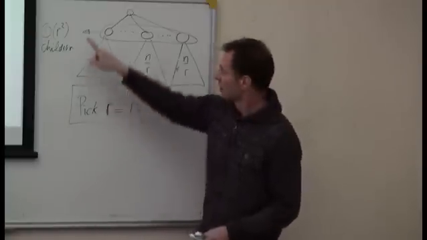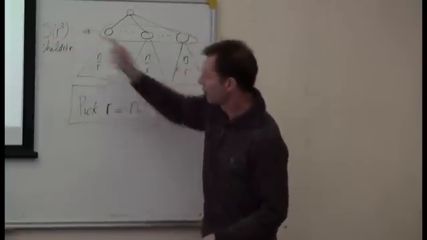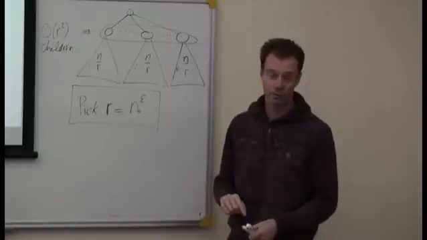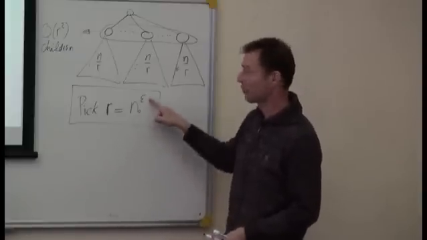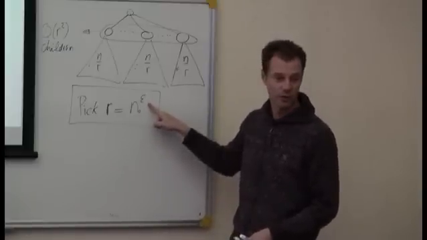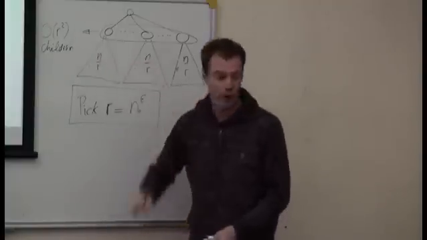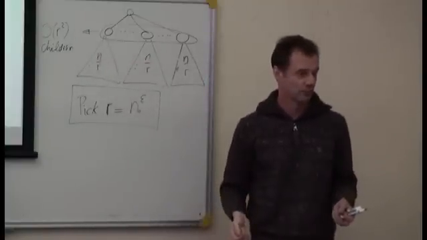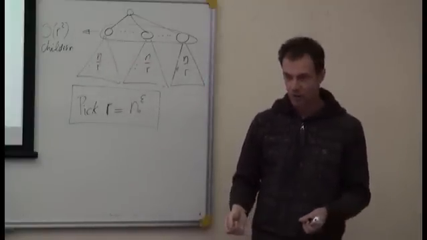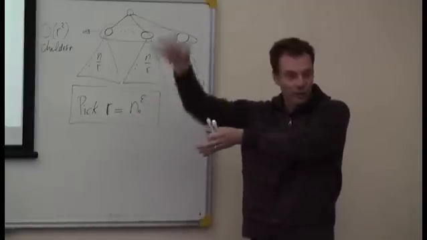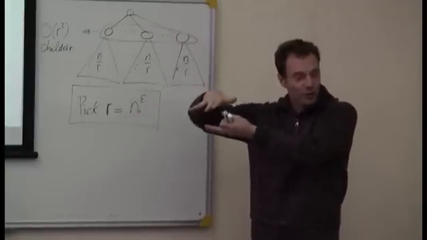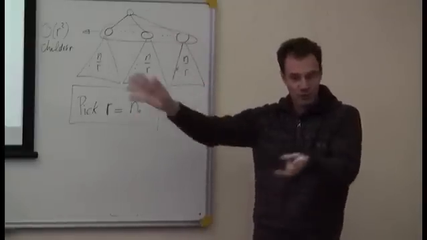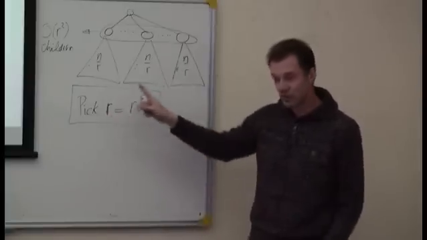So if I'm going to check all of them, and I have n to the power epsilon children, then I spend n to the power 2 epsilon time. So what I win by having only a constant number of levels is completely gone because of this.